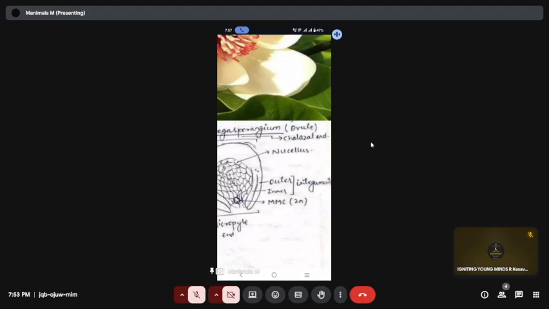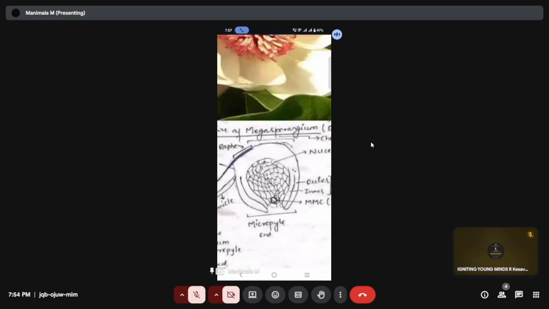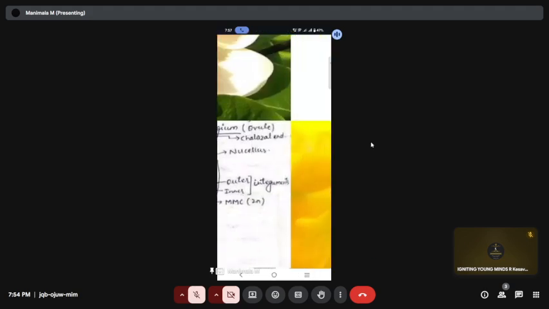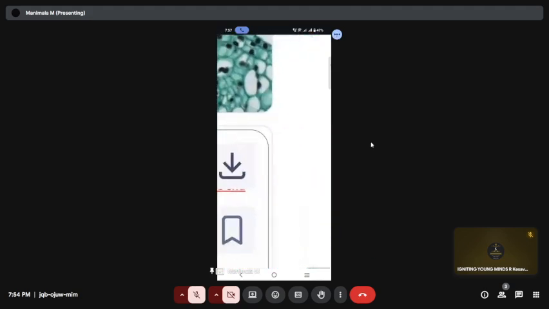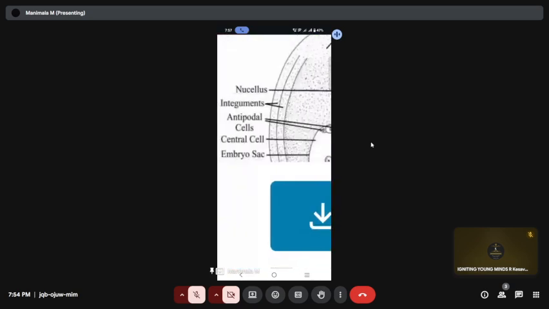The ovule is attached to the placenta with the help of a small stalk called the funiculus. The funiculus is attached to the ovule at a region called the hilum. And now if you see an inverted ovule, this is the condition of an inverted ovule.